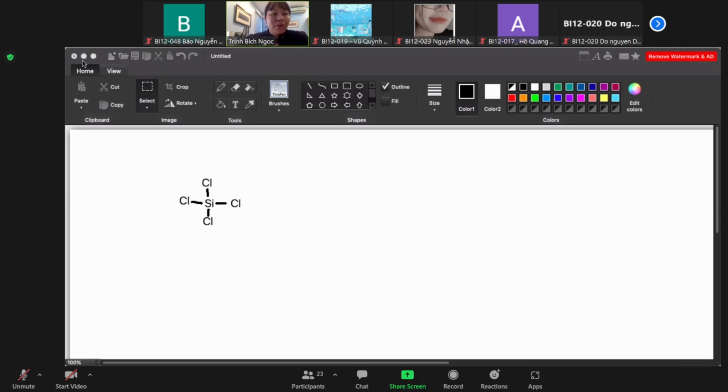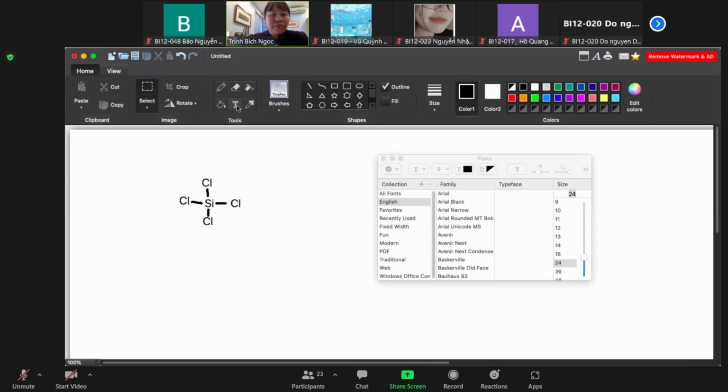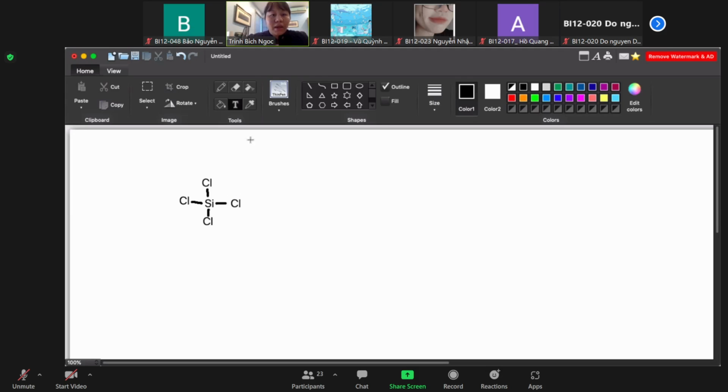And then you know that the total electron will be 32 electrons. You have used 8 electrons to form single bonds between silicon and 4 chlorine.